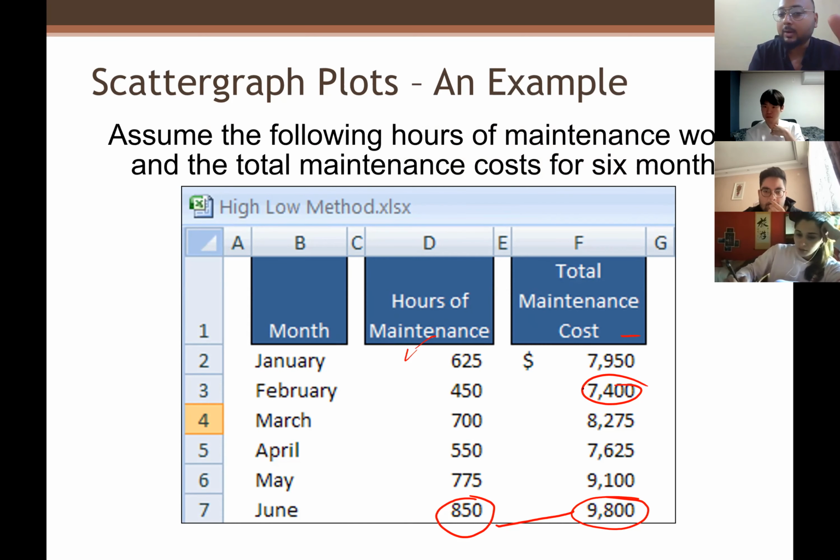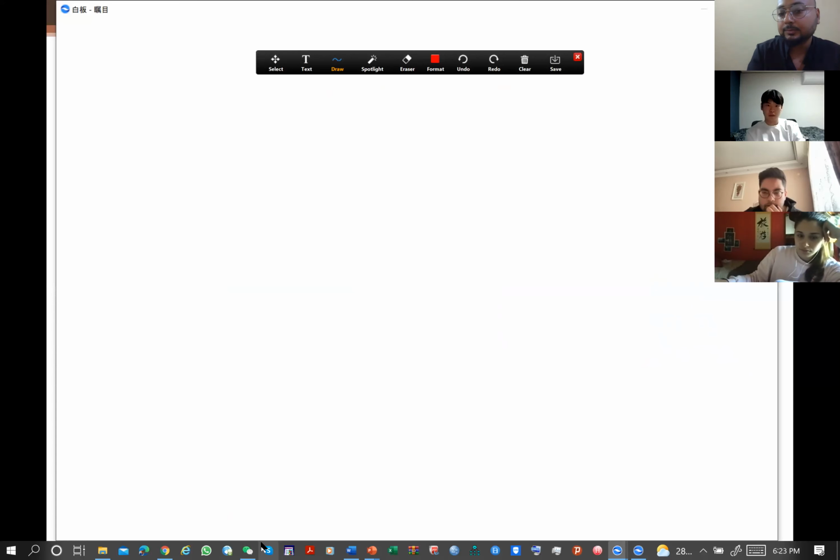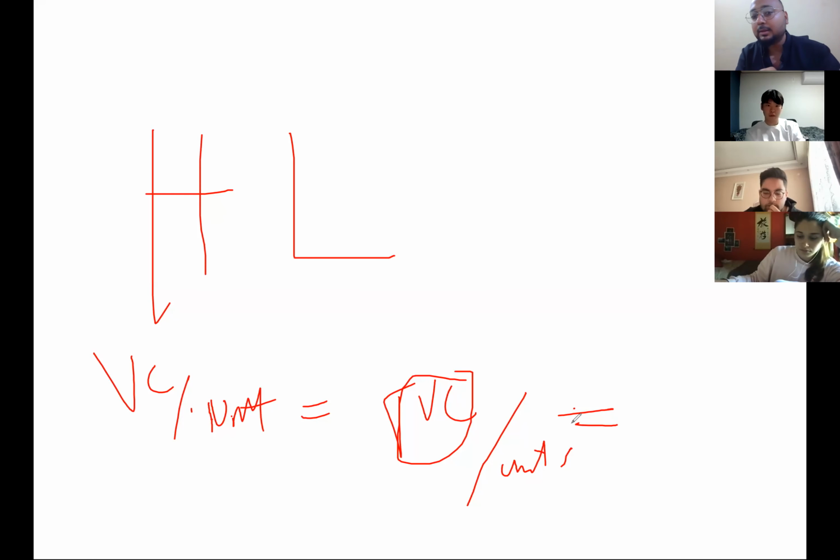Cost. And according to lowest cost, this is the lowest hours as well, right? So the high-low method says that the variable cost is equal to change in the variable cost divided by change in units, high-low units.